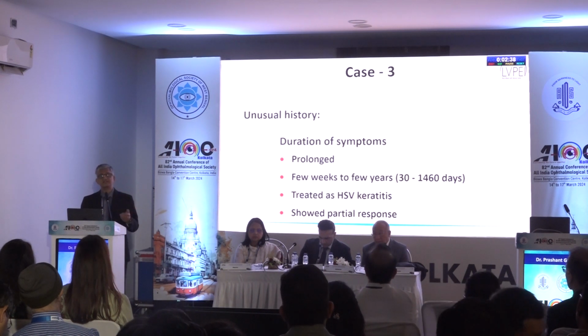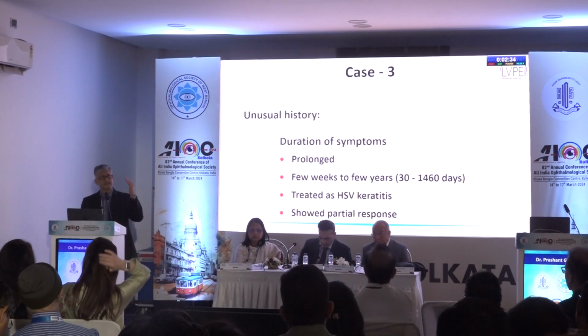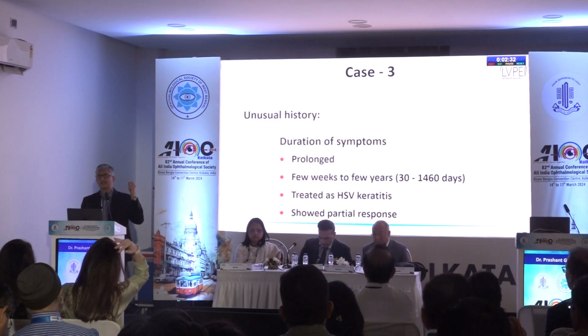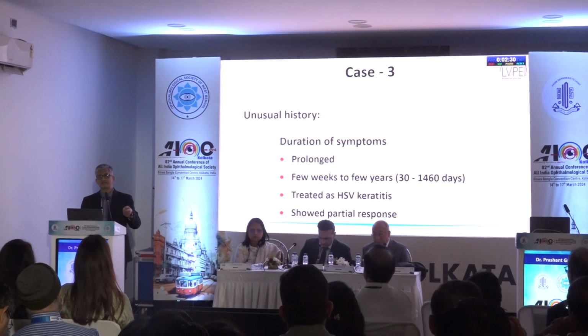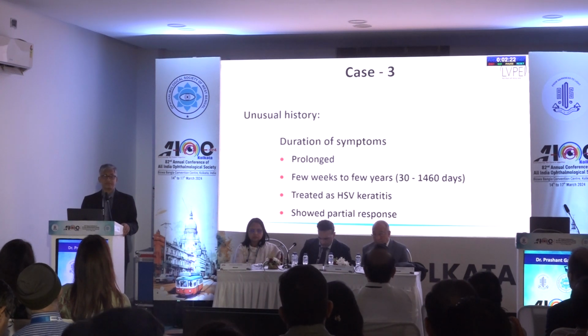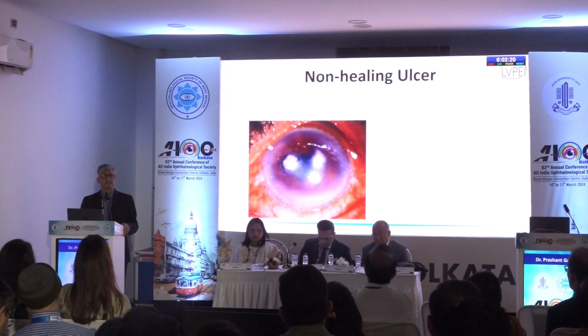They were treated as herpes simplex virus keratitis, corticosteroid started, initial response, and then as the corticosteroids were tapered, they started showing worsening again. So they were not off the steroid for a long period of time, and they did not get a complete remission of the disease. Our journey into establishing the diagnosis began with this patient whom we ourselves treated for 3 months.